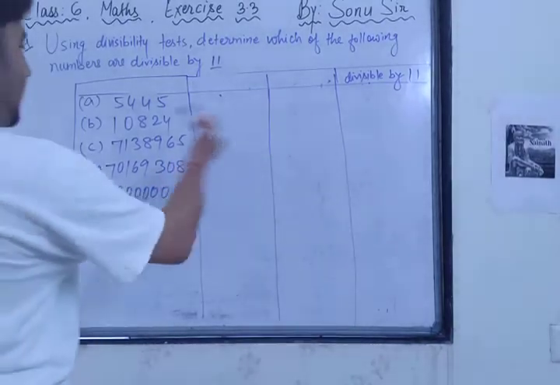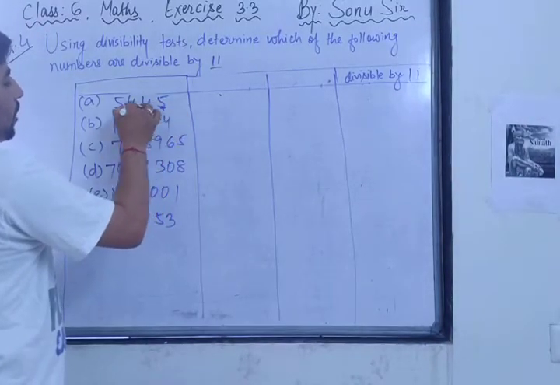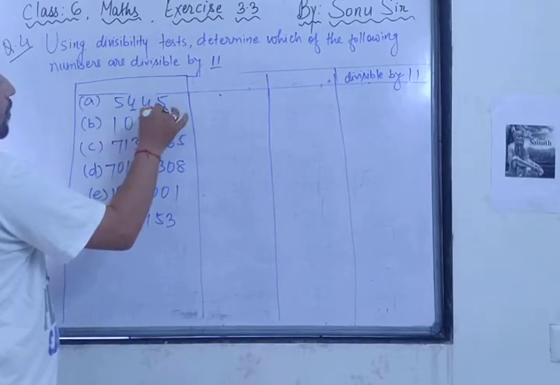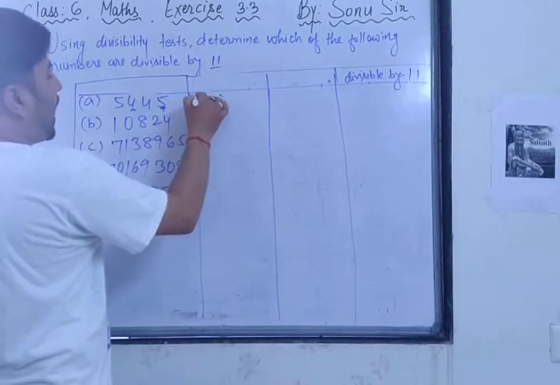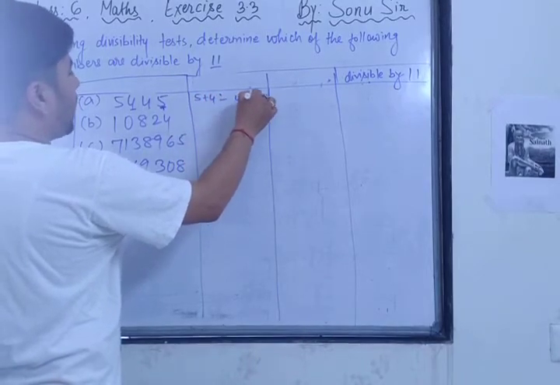See, from the right side, odd places 1, 2, 3, 4. So the sum of odd places means 5 plus 4, minus 4 plus 5.